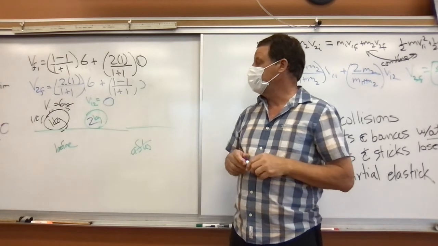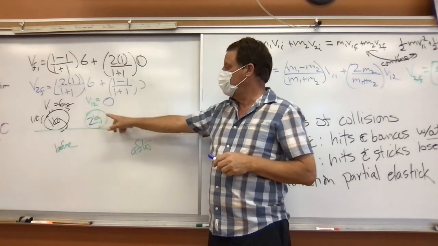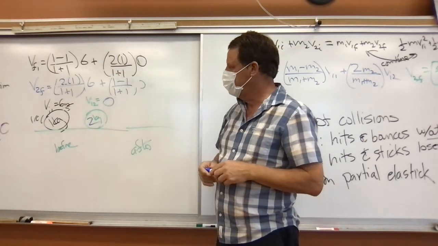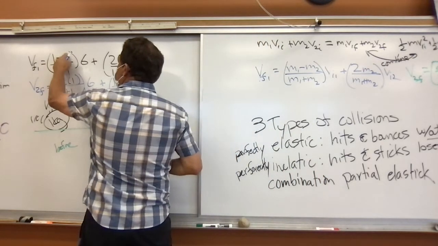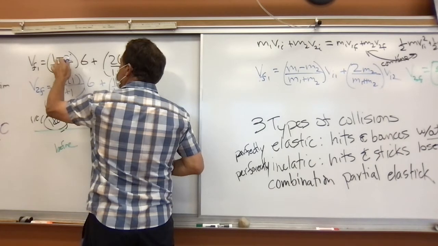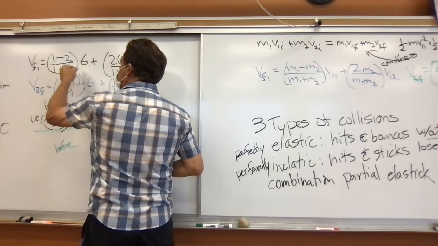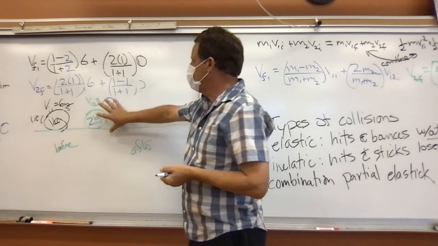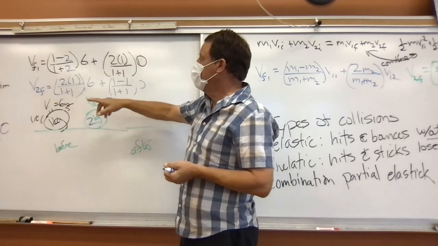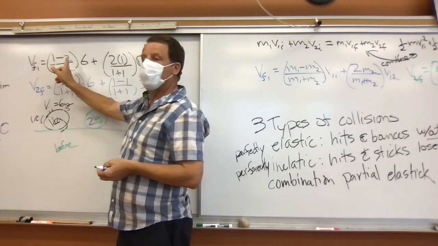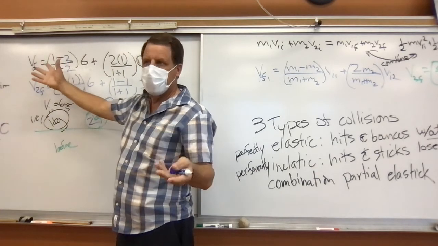Okay, so now if we plug in these numbers up here, the only difference is that it's going to be 1 minus 2 divided by 1 plus 2. And again, since this ball started at 0, this part's just going to go away. Okay, you guys, what's 1 minus 2? -1.